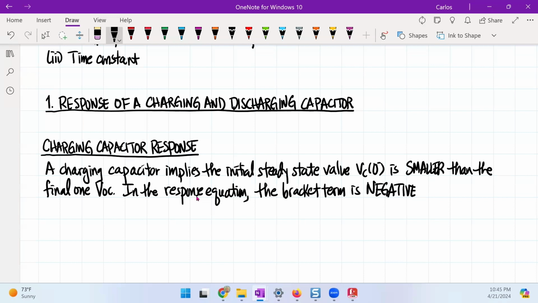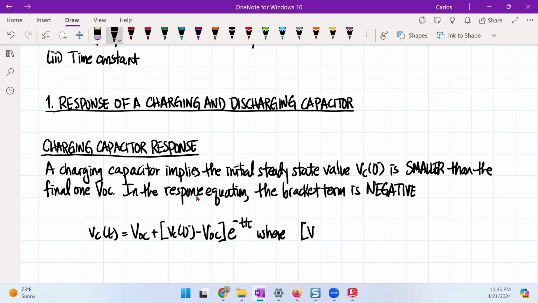In other words, Vc of t, which is equal to VOC plus my bracket term, you could see that the bracket term has to be negative, where Vc of 0 minus VOC has to be negative, and that turns out to be key.